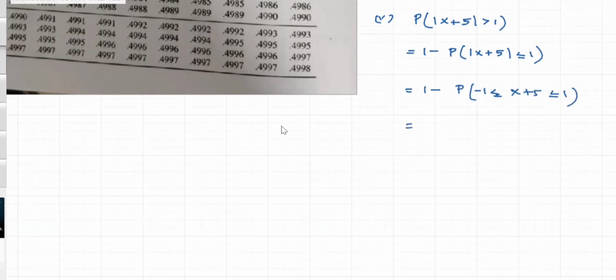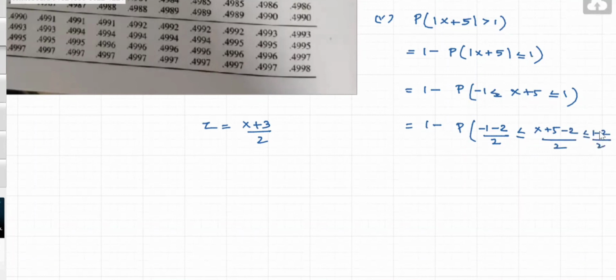Now, to write x in terms of z, we have z equal to (x + 3)/2. 1 minus probability that (-1 - 2)/2 less than or equal to (x + 5 - 2)/2 less than or equal to (1 - 2)/2, to get 3 we are subtracting by 2.